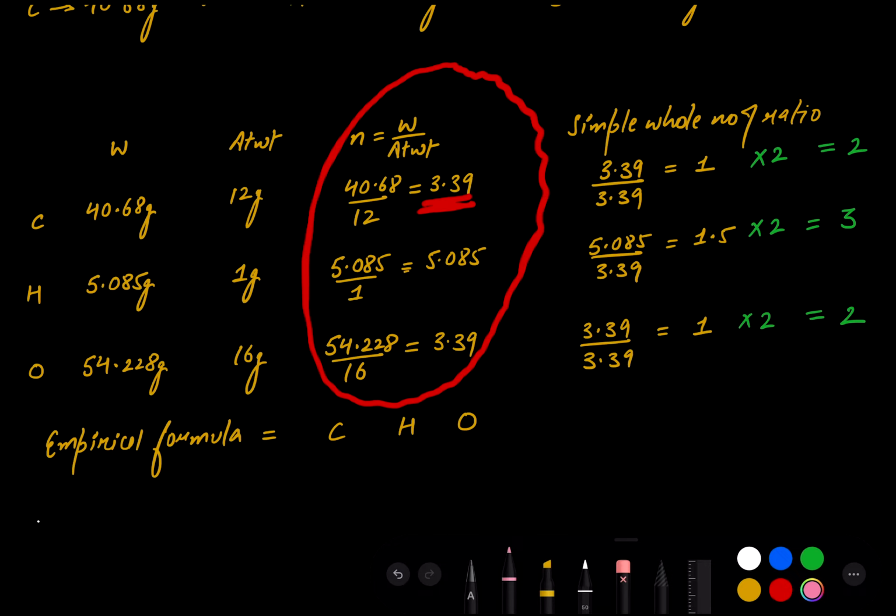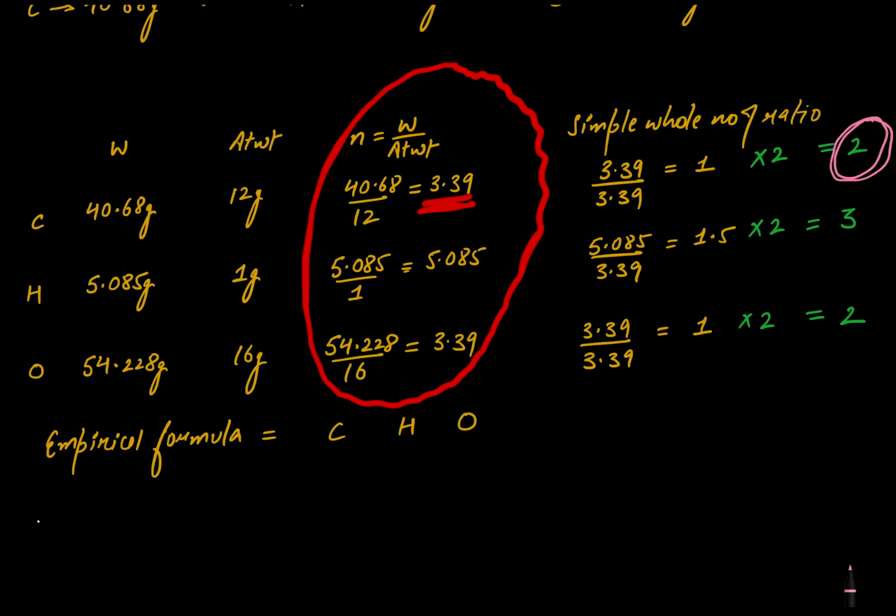So I got the value of 2 for the carbon, I'm writing 2 over here. I got the value of 3 for the hydrogen, I'm writing 3 over here. And I got the value of 2 for the oxygen again, I'm writing 2 over here. So that's my empirical formula, that's C2H3O2.